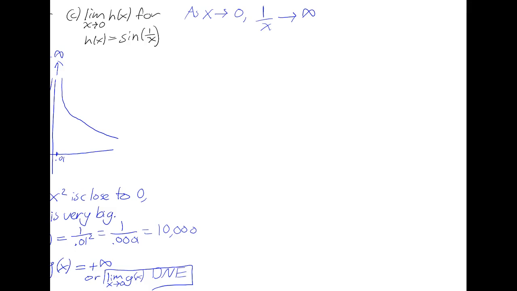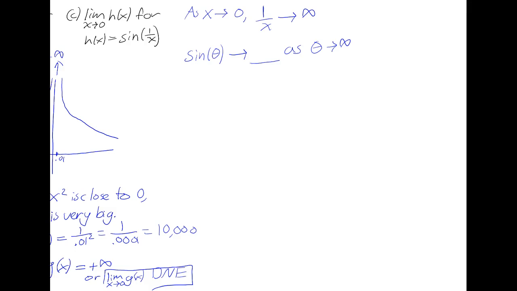If I just had sine of theta, I'm not going to use x because it's going to be confusing. What happens to sine of theta as theta approaches infinity? The reason I'm asking is because theta here is standing in for 1 over x.